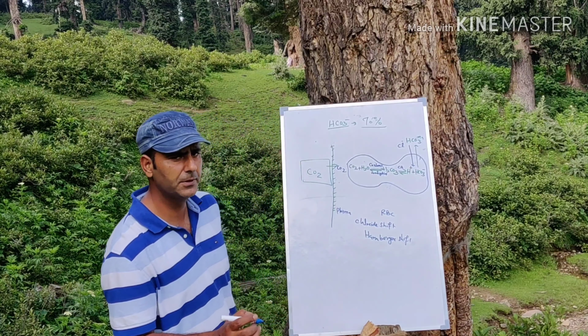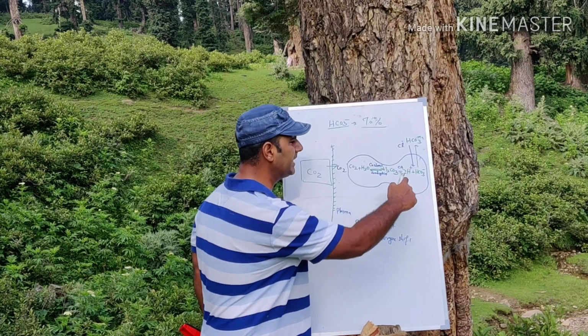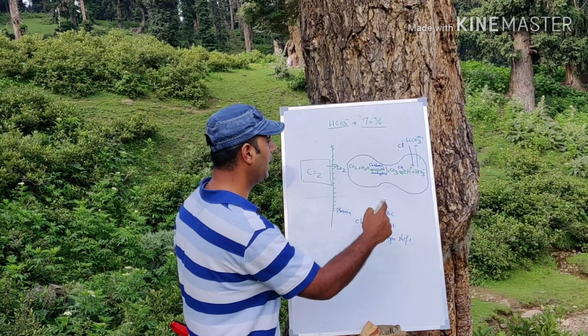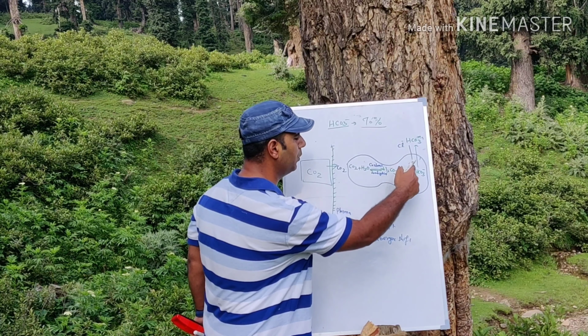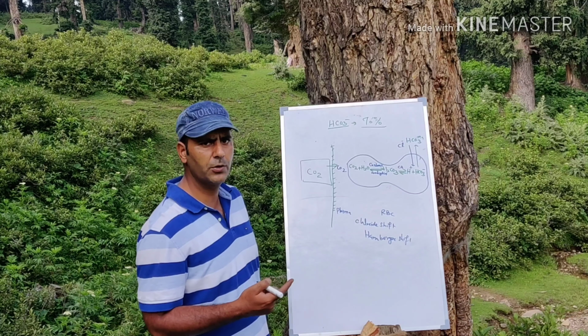What is the chloride shift? It is basically the exchange of chloride for bicarbonate. Bicarbonates move from the RBC to the plasma, and in exchange chloride moves from the plasma into the RBCs. So this is known as the chloride shift.